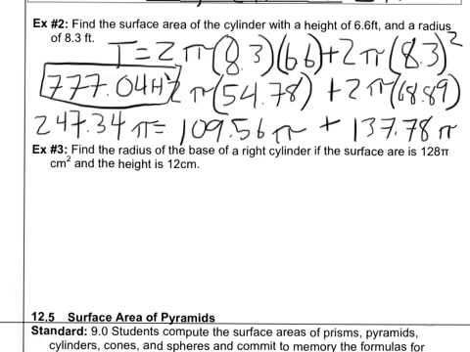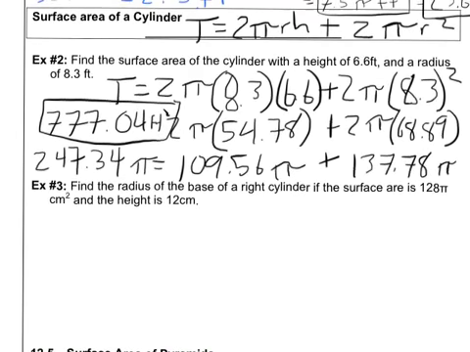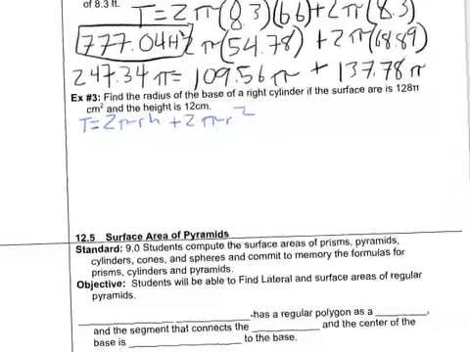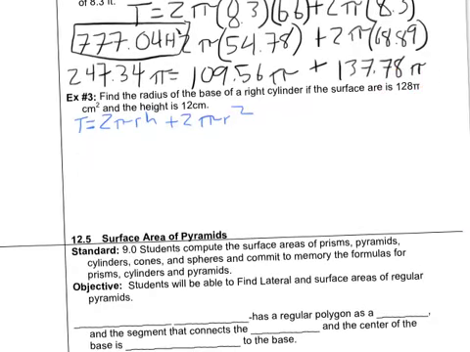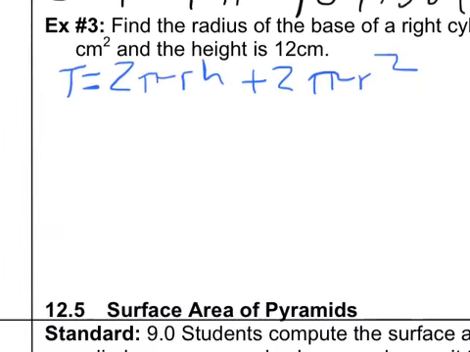First thing I like to do is just write the formula again. So let's write it all out here. You got T equals 2 pi RH plus 2 pi r squared. And now let's plug in what we know. Well, we know that the total surface area is 128, right? So let's plug that in. Or 128 pi, I should say.